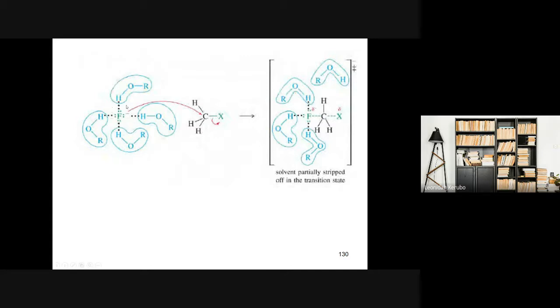Most of the time, strong nucleophiles are negatively charged. So these hydrogen bonds will be formed, and of course, the smaller the anion, the larger the number of hydrogen bonds. And the larger the anion, the smaller the number of hydrogen bonds to the solvent. So fluoride is a very small ion, so it's going to attract a lot of solvent molecules through hydrogen bonds. That process is known as solvation.